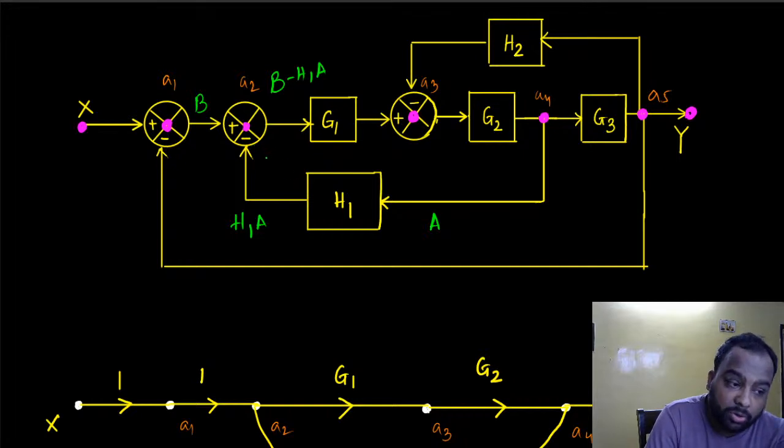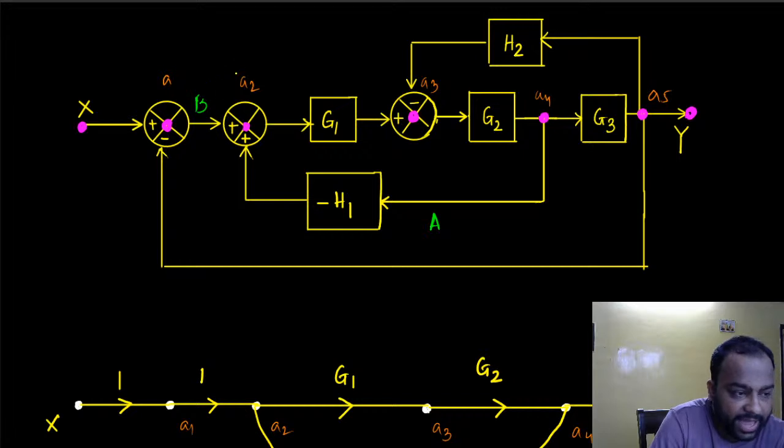But we can think about the subtraction this way. Imagine this is a summing point and put a minus sign here. Would that do? Actually, the same thing happens here. If I have B here and A here, then I have minus H1A and that gets added up here. So I have B minus H1A.